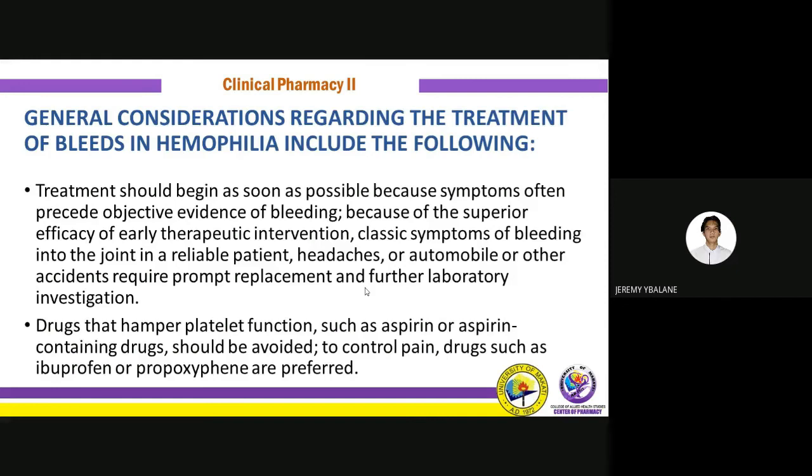The superior efficacy of early therapeutic intervention: the medication has greater tendency to produce a desired effect pag nag-start ang treatment sa early age or sa onset. Classic symptoms of bleeding into joints or hemarthrosis in a reliable patient, headaches or automobile or other incidents require prompt replacement or further laboratory investigation.